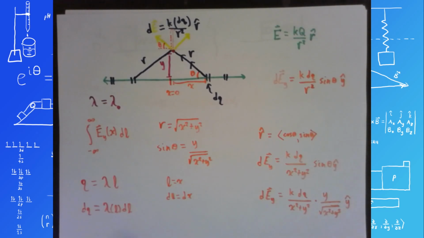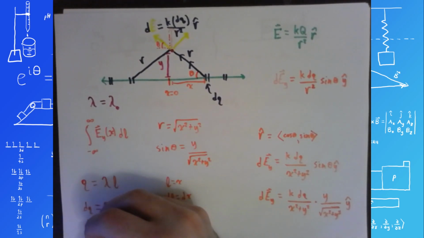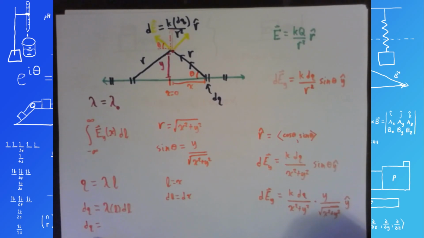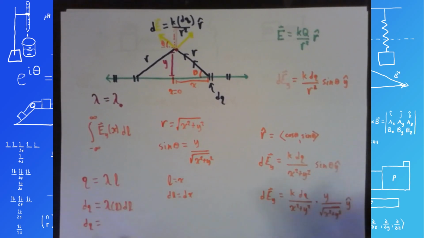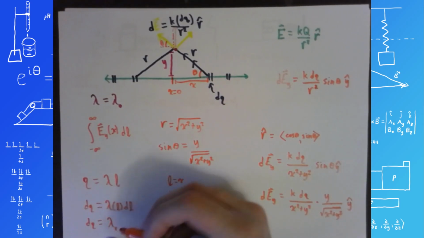A small change along the length of this green line is the same as a small change in x along that same line. So I can just do dq equals, for our case, we just have a constant charge density, so I'm going to substitute lambda of L with lambda 0.